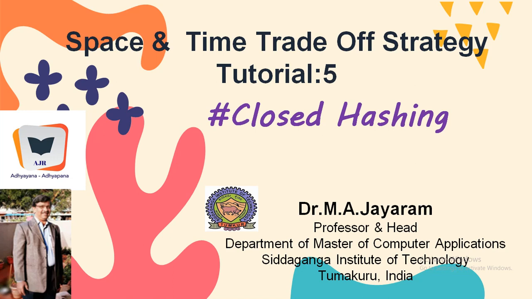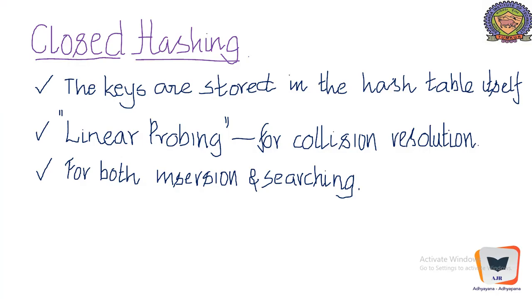My esteemed viewers, in this tutorial we will elaborate on closed hashing. You may kindly recall that in the previous tutorial we discussed open hashing. In closed hashing there is a great difference: all the keys are stored in the hash table itself without the use of linked lists.